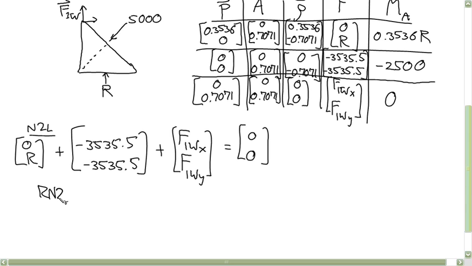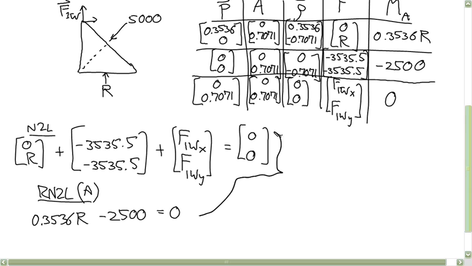And the rotational equation: 0.3536 R minus 2,500 is equal to 0. Okay, so we have three equations.